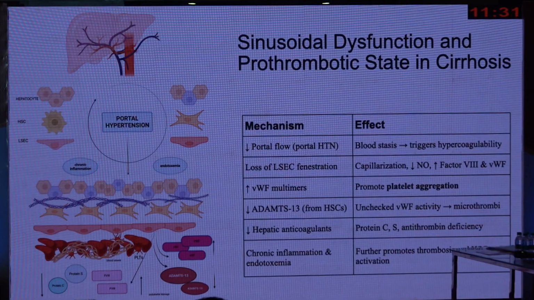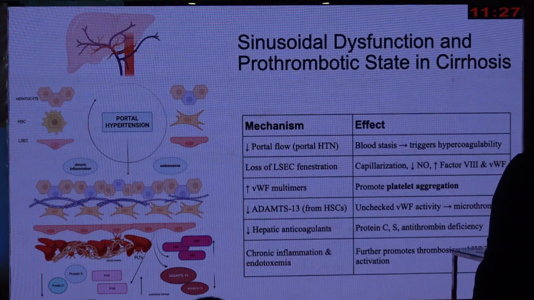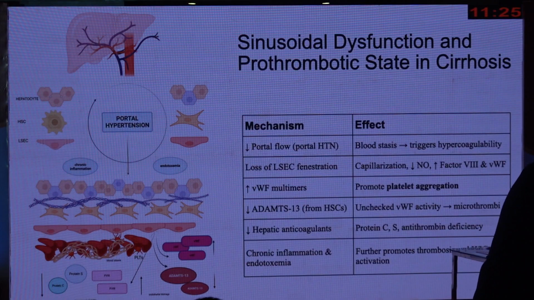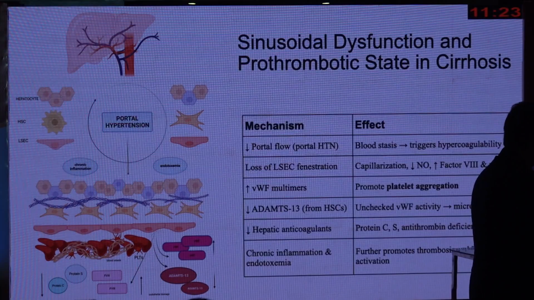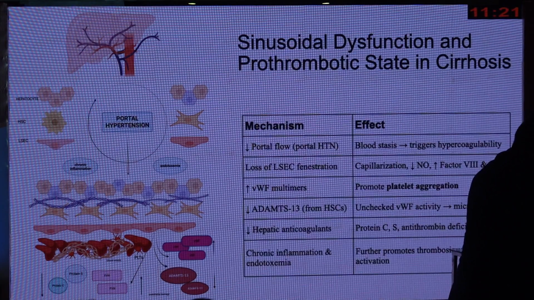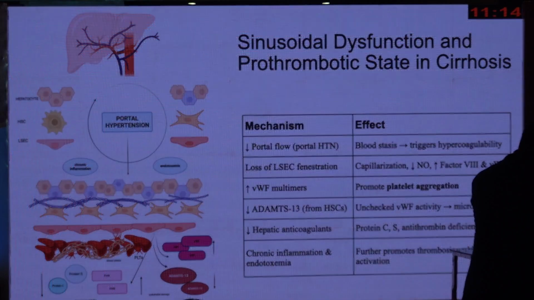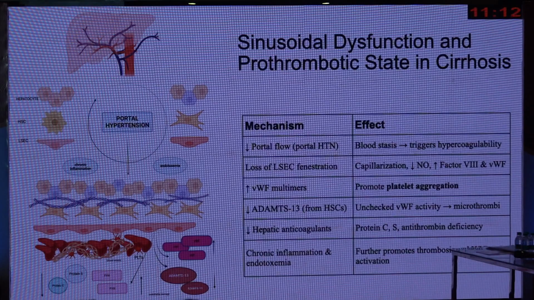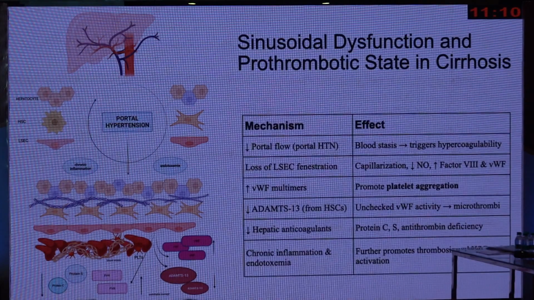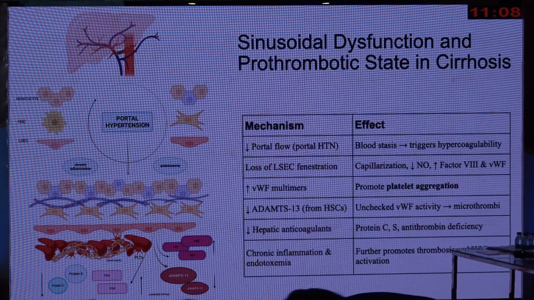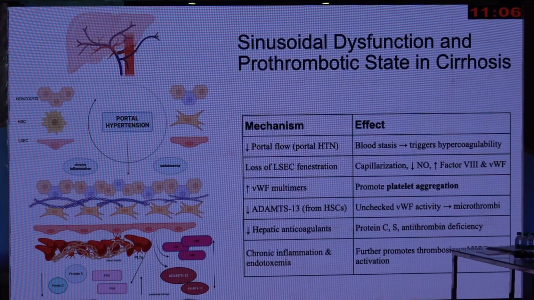Increased factor 8 and von Willebrand factor increase platelet aggregation, and the reduction in ADAMTS13 leads to increased microthrombi formation. The liver is the major site of synthesis of protein C, protein S, and antithrombin, and deficiency of these three further alters the hemostasis. Of course, chronic inflammation and endotoxemia also play a role in patients with liver cirrhosis.